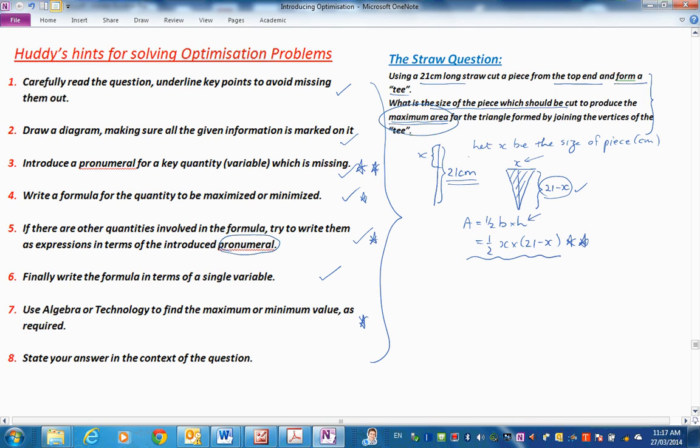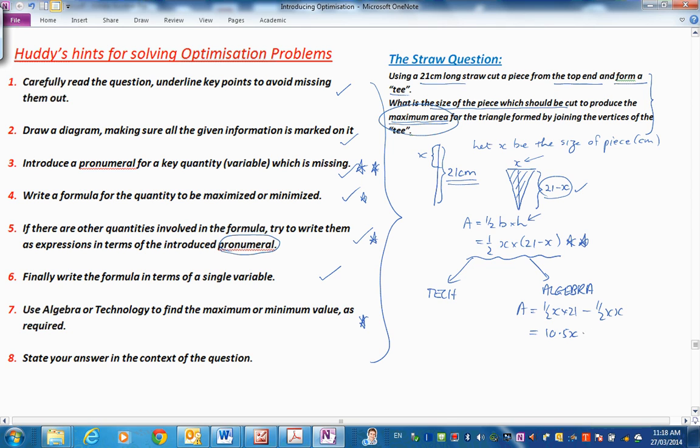Okay, let's do it now. We've done it with technology, using a graph. What about with algebra? Can you do it with mathematics without any technology? Let's see. Well, the area, let's expand the bracket, is a half x times 21 minus a half x times x. So this is what?